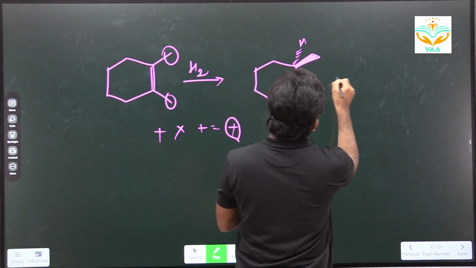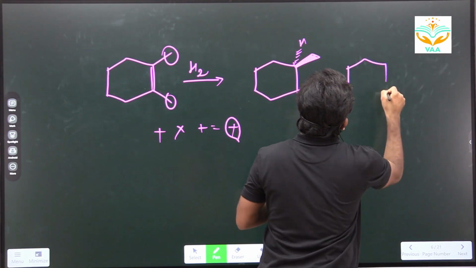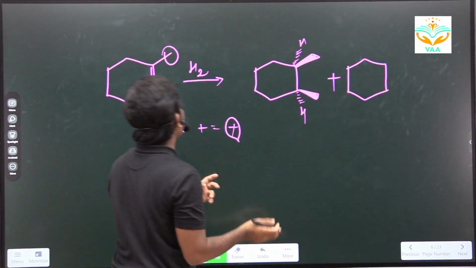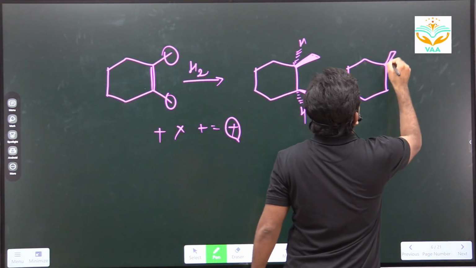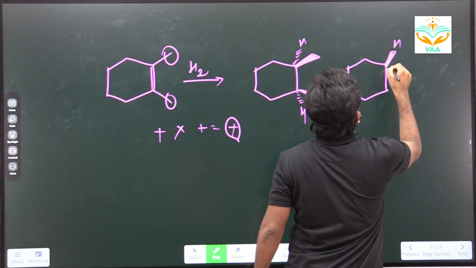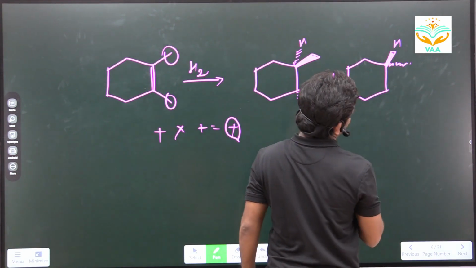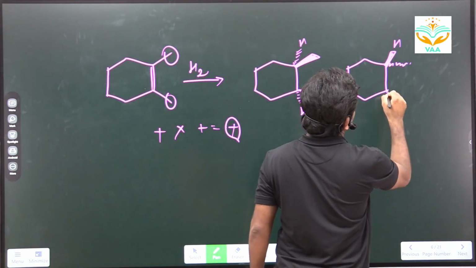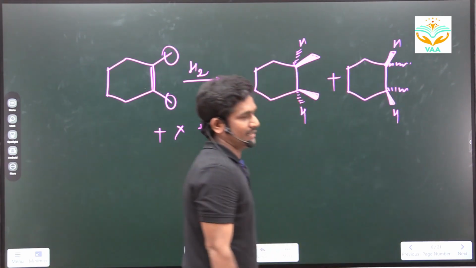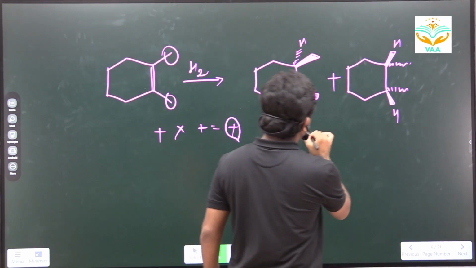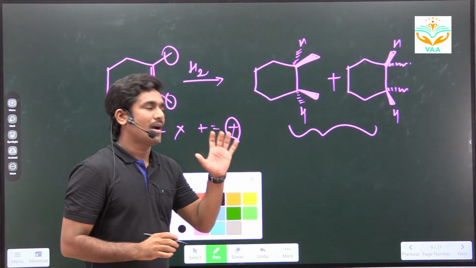What is the other product? Write down. If the hydrogen gas is added from above the plane, so this hydrogen is added from above the plane, the hydrogen will come here and methyl will come downside, okay? The hydrogen will come above the plane and methyl is below the plane, okay. So what is the relationship between them? They are identical.